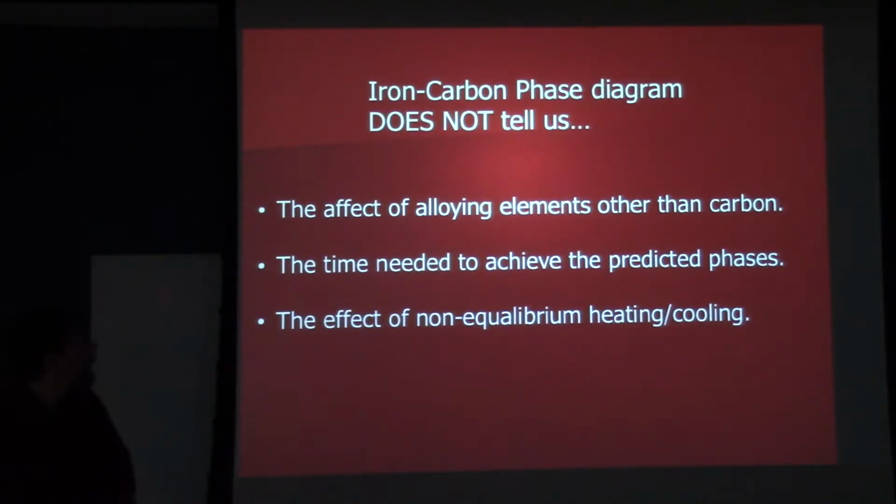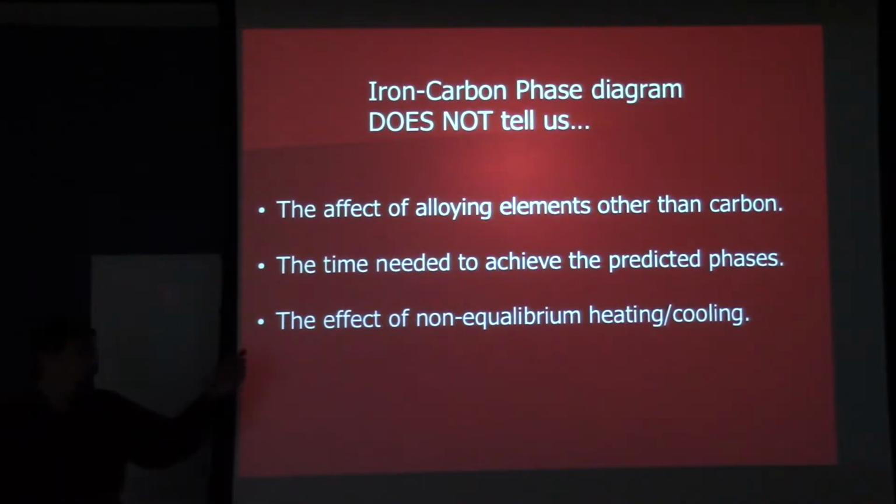It also doesn't tell us a few things, right? It doesn't give us any real idea about the effect of alloying elements, and it doesn't tell us the times that are needed. We just say equilibrium, but we don't really have that defined. And it doesn't really help us understand what happens when we have non-equilibrium heating or cooling.